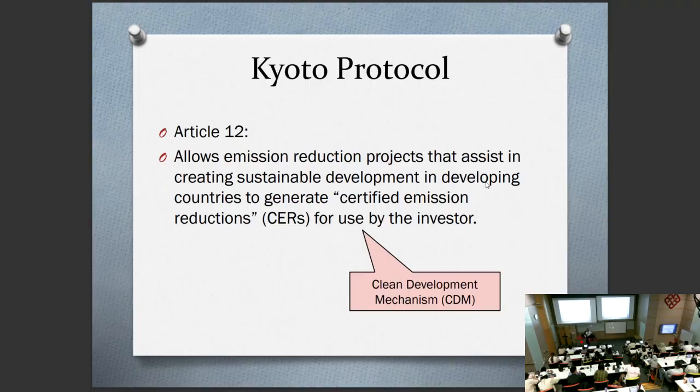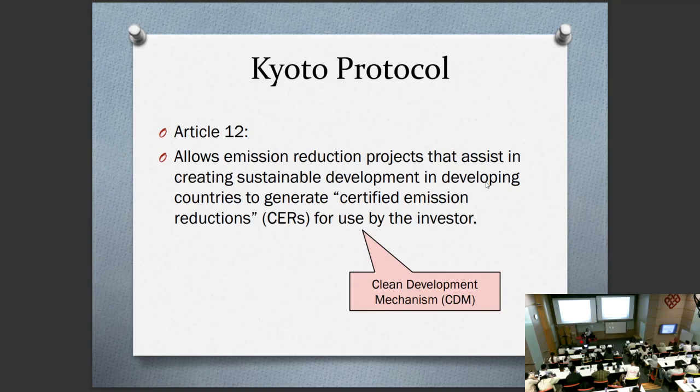So maybe they have some investment in terms of money, investing in a solar panel farm in Vietnam, and it causes some carbon emissions reduction. Then the U.S. can also earn certified emissions reduction.